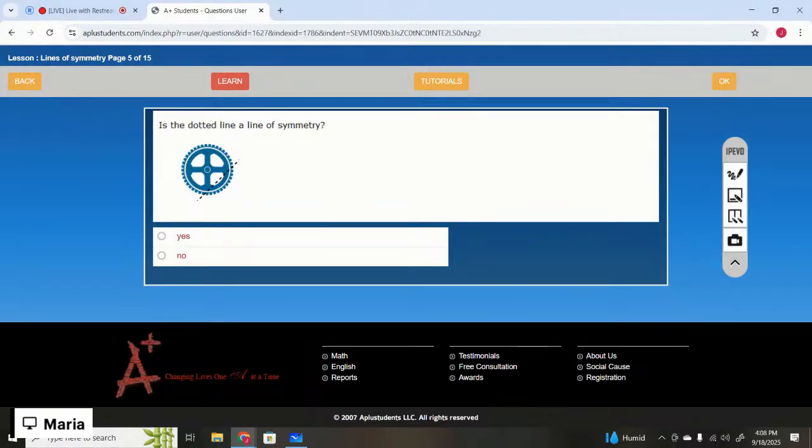Is the dotted line a line of symmetry? No, that is not a line of symmetry. So option number two is the correct option.